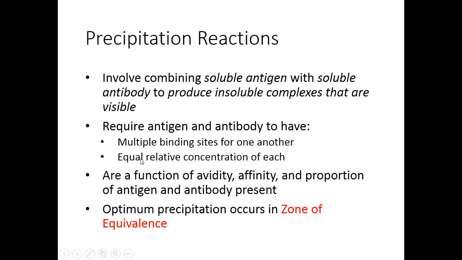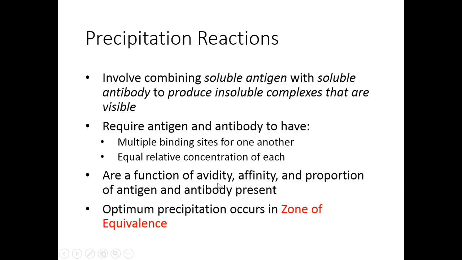And what else do we know? We need to have equally relative concentration of both antigen and antibody, or else this reaction is not going to go well. We're going to see in a few minutes what happens when you have an excess of antigen or an excess of antibody in your test system. What else do we need to know? Precipitation reactions, because it's an antibody-antigen reaction, what are some of the things that affect it?